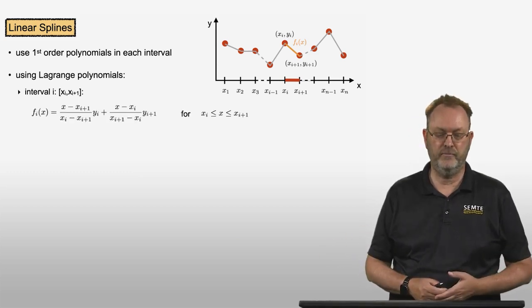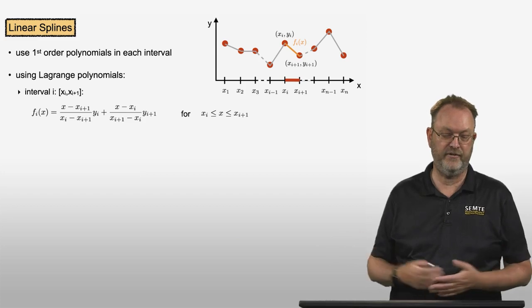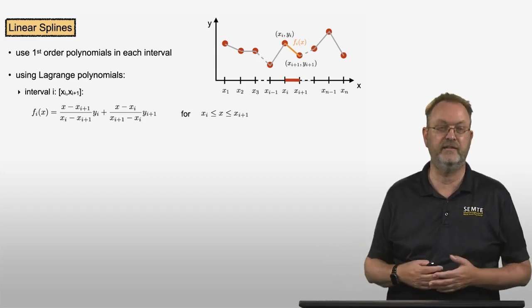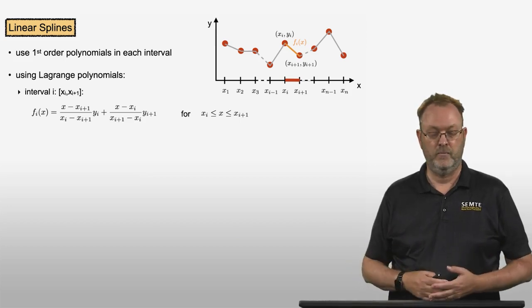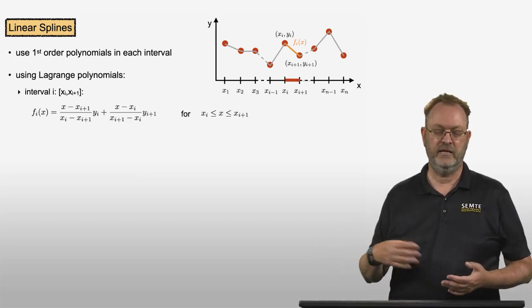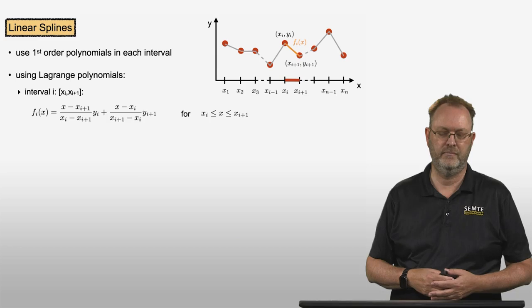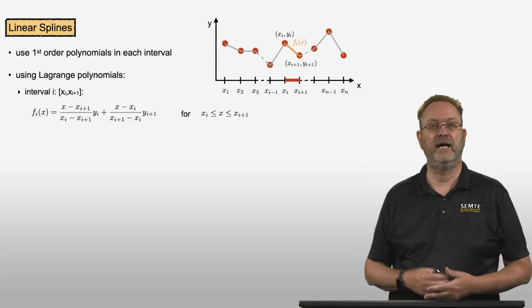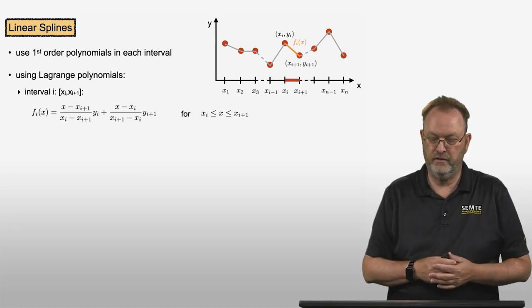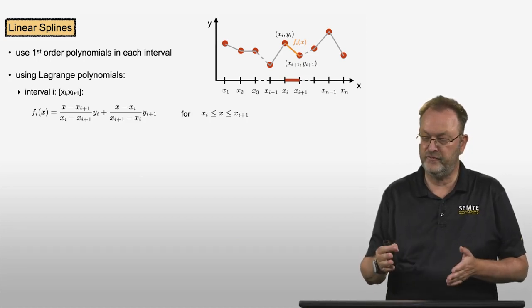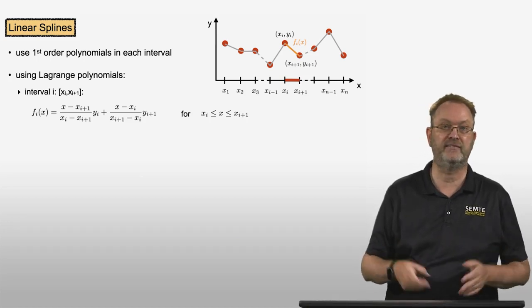Using the Lagrange form gives me f_i(x) = (x - x_{i+1})/(x_i - x_{i+1}) times y_i, plus (x - x_i)/(x_{i+1} - x_i) times y_{i+1}. And this Lagrange polynomial is supposed to be valid in the interval where x is between xi and xi+1.